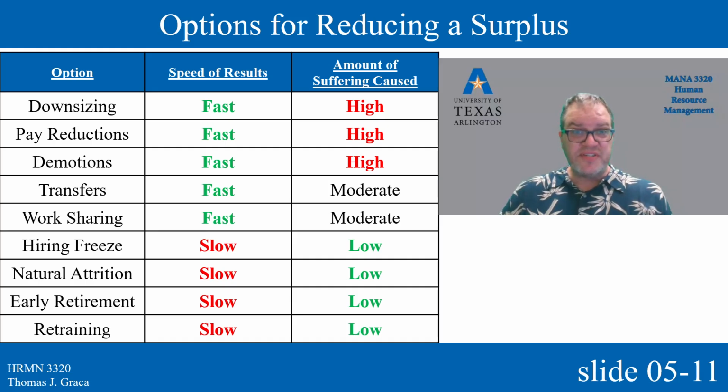Another approach to reducing a surplus is a hiring freeze, or more commonly a hiring chill. A hiring freeze is simply the decision by the firm to stop hiring, stop your recruiting and employee selection processes, and not hire anyone. Most hiring freezes are not typically hard freezes. They're typically chills.